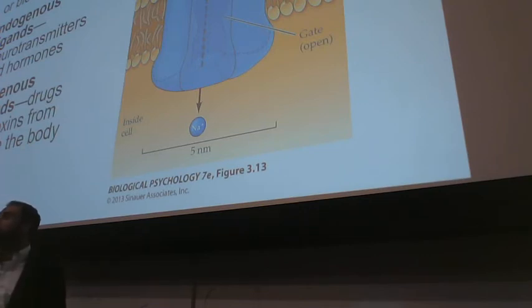Remember, we showed that there was chemical neurotransmission. Something's happening chemically. We have that chemical being released from the synaptic vesicle, traveling across the synaptic cleft and binding to our postsynaptic receptor. That's what's referred to as a ligand.